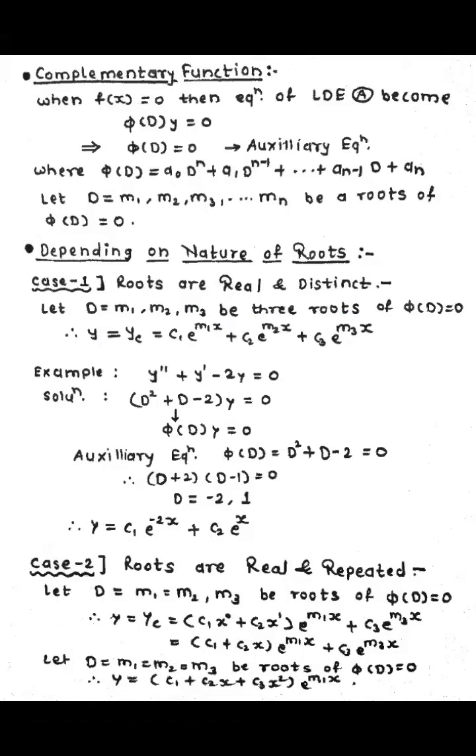The first root requires one constant c1, the second root requires the next constant c2, and the third root requires a third constant c3. Always remember the number of roots is equal to the number of arbitrary constants. Here there are three roots, so three constants are required, and they are written in distinct form.